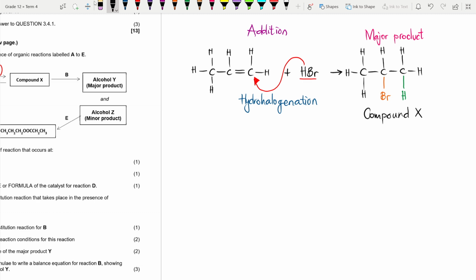And we can also give the IUPAC name of this. What is the name of this molecule? I think I forgot what you call the three carbon, but I know it's supposed to be this.